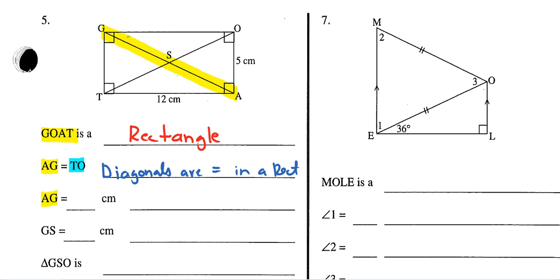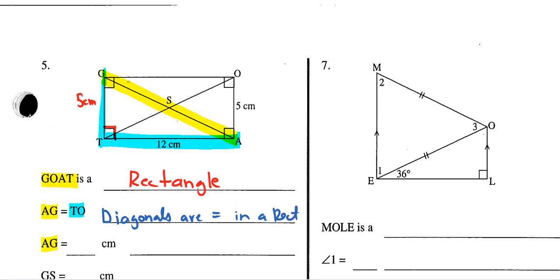Well, I know that the base right here is going to be 12, and this side length is going to be 5 centimeters. Because I have this 90-degree box right here, I can use the Pythagorean theorem in order to find GA. So this is going to be 5 squared plus 12 squared equals GA all squared. Hopefully you can see that this is a triangle, and we're trying to solve for the hypotenuse, which is GA.